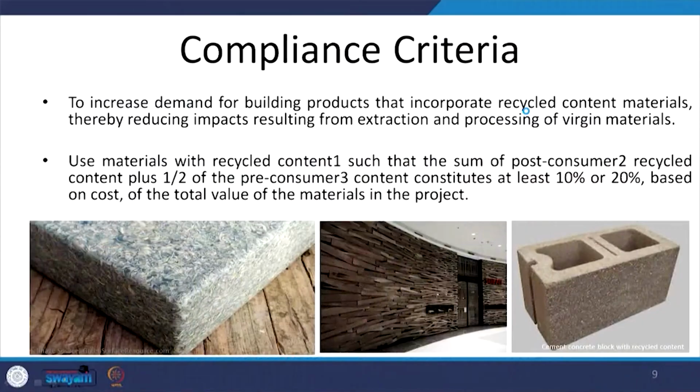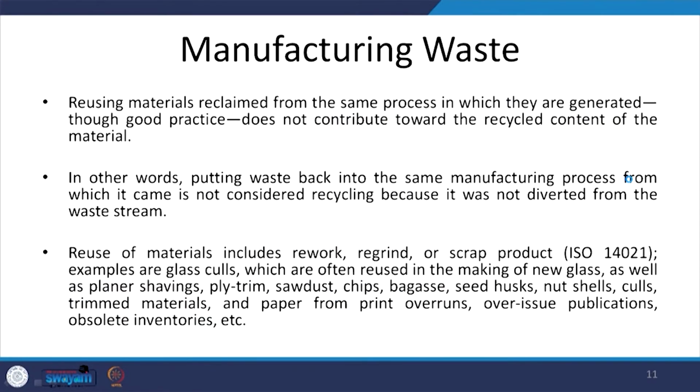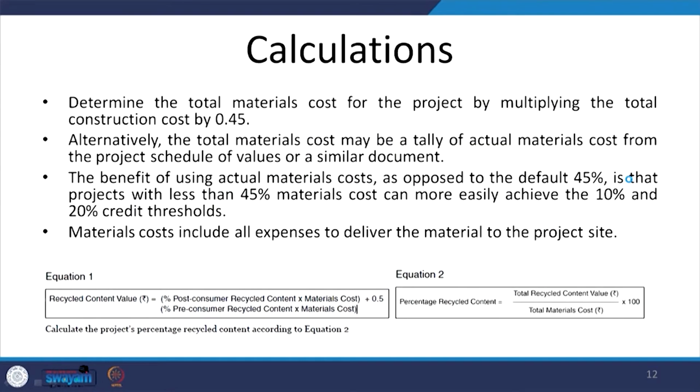When we are talking about the compliance criteria, it varies from rating system to rating system, but we are talking about almost 10 to 20% of the total cost of the materials in a project to have the recycled content. So, that is what we are looking at, and if we look at the calculations, we are calculating the post consumer recycled content, the percentage of post consumer recycled content multiplied by its material cost.